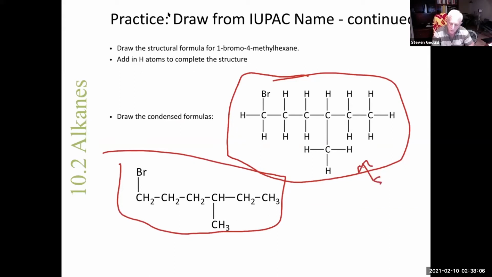This is your condensed. And the other was the line formula. And again, that's 1-bromo-4-methylhexane. So we're now working backwards. We're drawing it from the name.